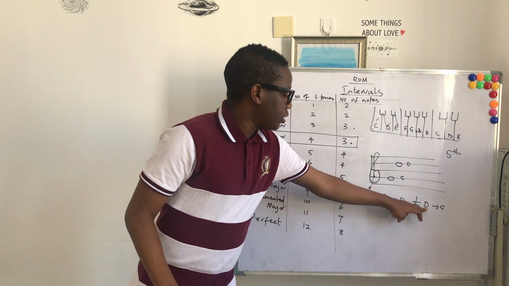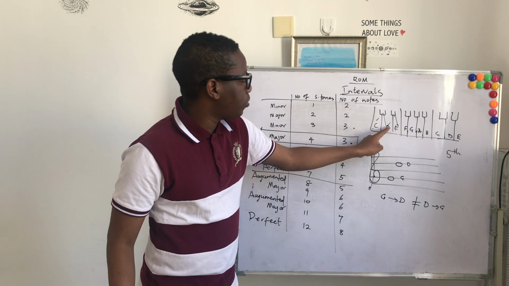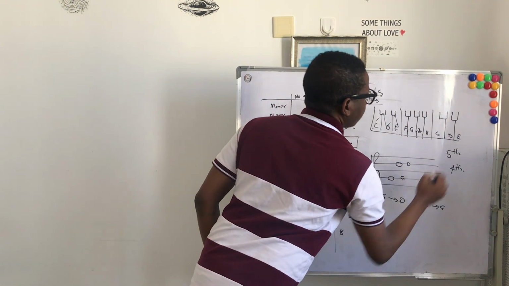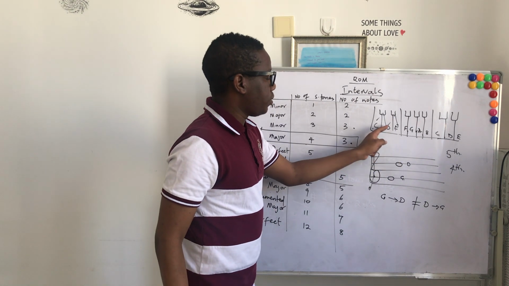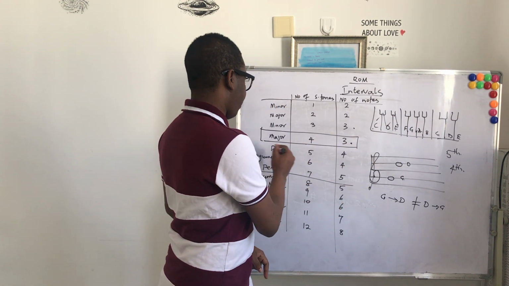Now let's look at what D to G would have given us. This is D to G. 1, 2, 3, 4. A fourth. Let's count the semitones. 1, 2, 3, 4, 5. 5.